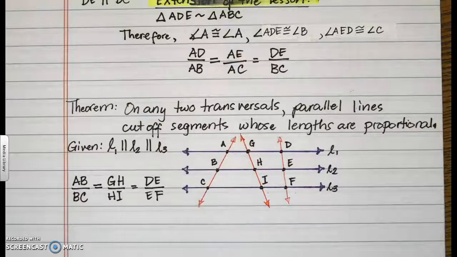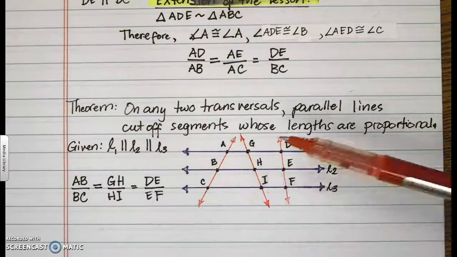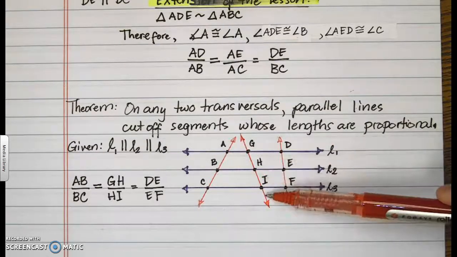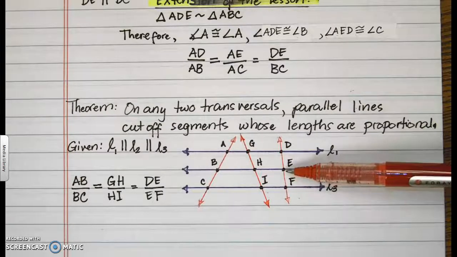And we have these three transversals, AC, GI, and DF. What's going to happen here is if your lines are parallel and they're cut by a transversal, those parallel lines are actually making proportional segments out of your transversal, which means that AB over BC is going to be equal to GH over HI and is going to be equal to DE over EF.